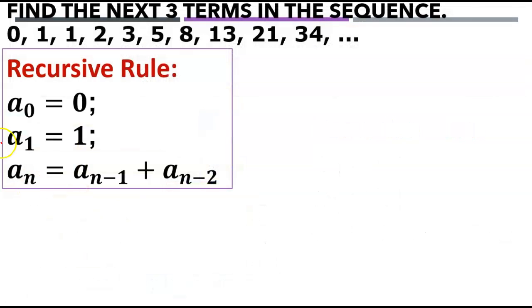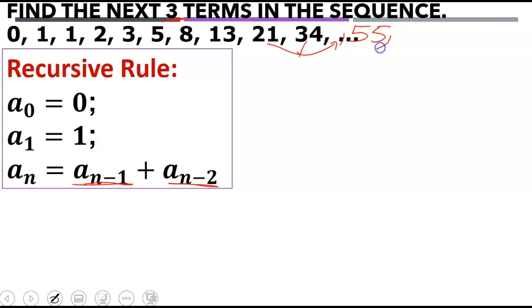So in this recursive rule, if we are to keep finding the numbers, it starts from 0 and then 1, so 0 plus 1 is 1, 1 plus 1 is 2, 2 plus 1 is 3, 3 plus 2 is 5. So this is the previous term, and this is the second previous term. If we are to find the next 3 terms, we just add these two together, and we get the next term, which is going to be 55.